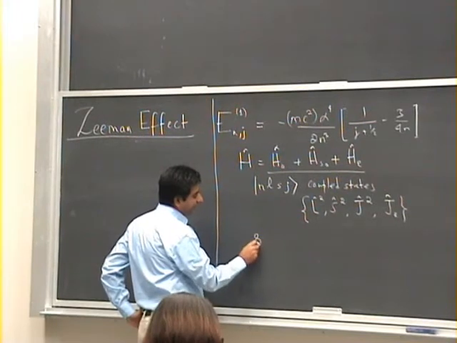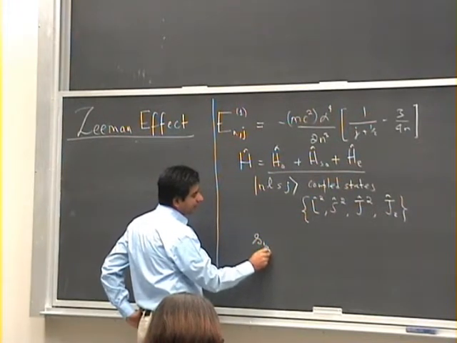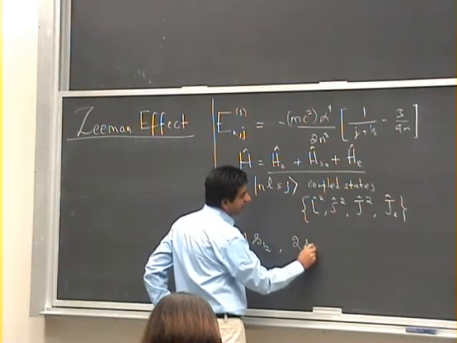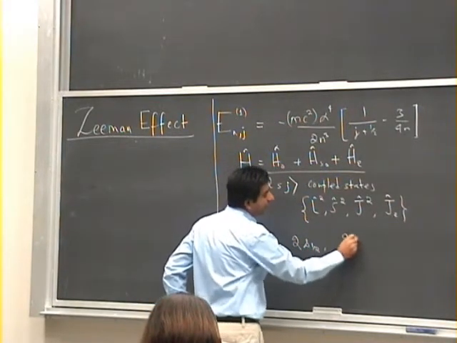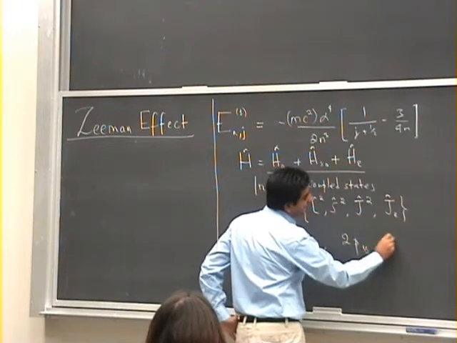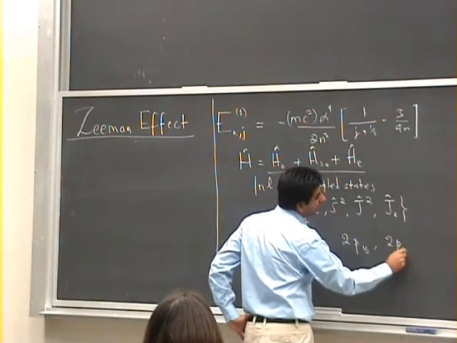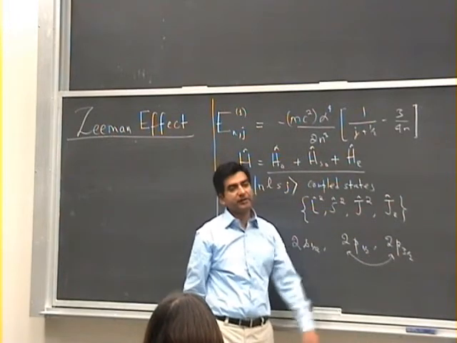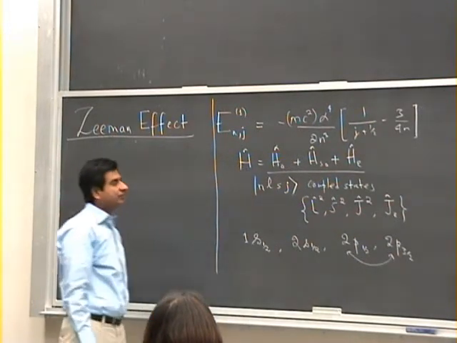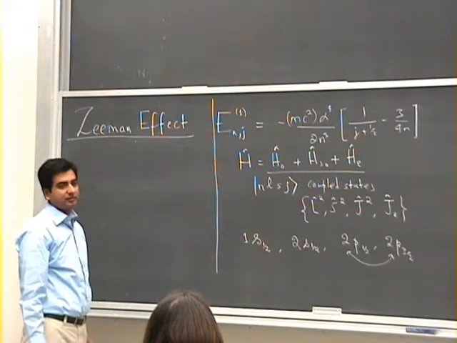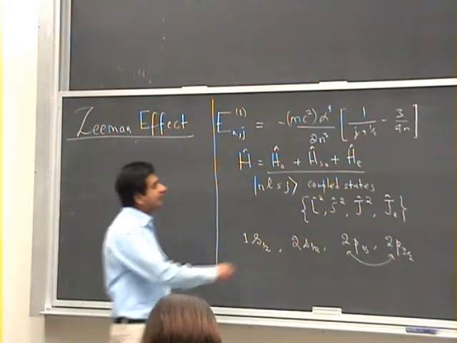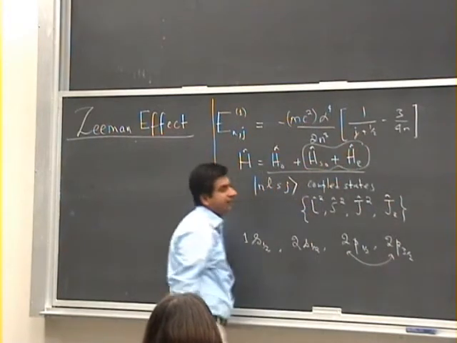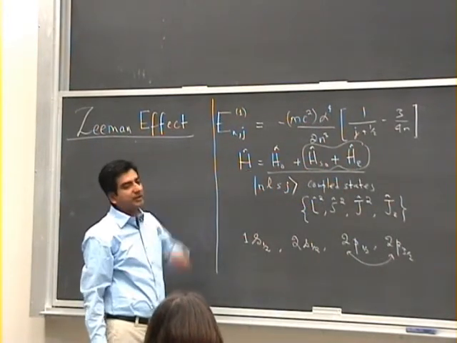For example, we can have 1s half, we can have 2s half, we can have 2p half, 2p 3 by 2. So these energy levels will have different energies because they have different values of J. So this was the fine structure interaction, where these terms are treated as perturbations, and then we apply degenerate perturbation theory to find out how these Coulombic energies will change.